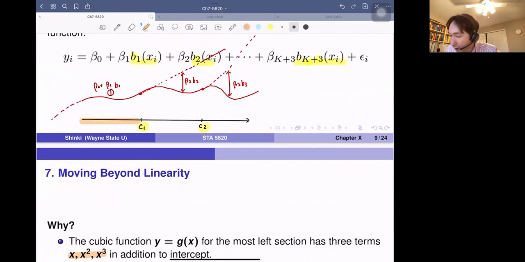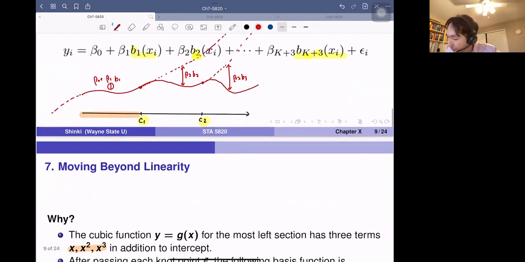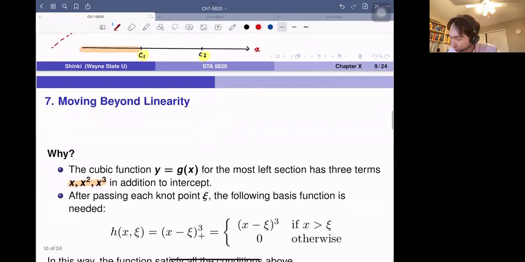Okay, so we continue this trend. I think it's not linear, so maybe we need some curvature. So after passing C1, we need another function that is x minus C1 cubed.